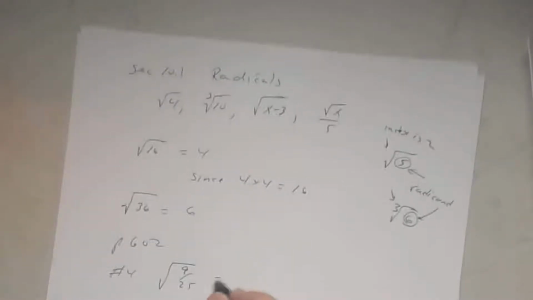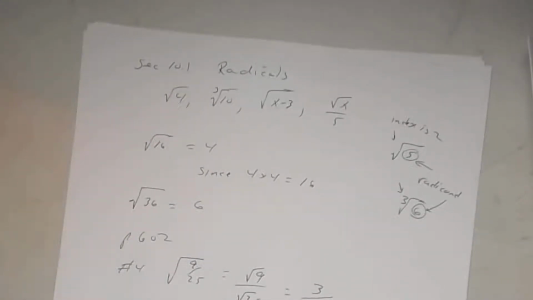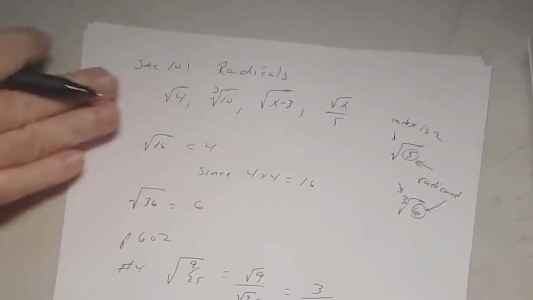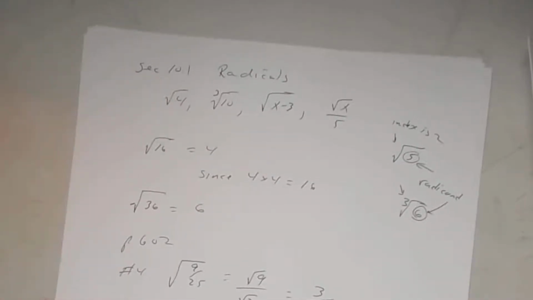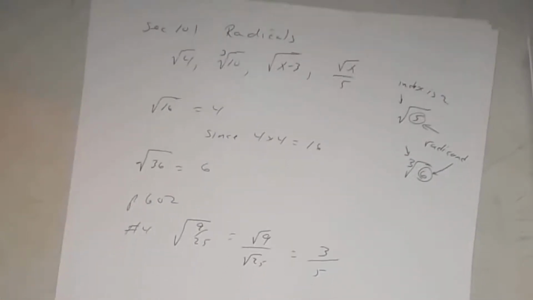Others may have to write it as the square root of the numerator divided by the square root of the denominator. The square root of 9 is 3, because 3 times 3 is 9. And the square root of 25 is 5, because 5 times 5 is 25. This is all you need to do these. In the next section, it's not going to be that simple, so you're going to learn more about the terminology and notation.